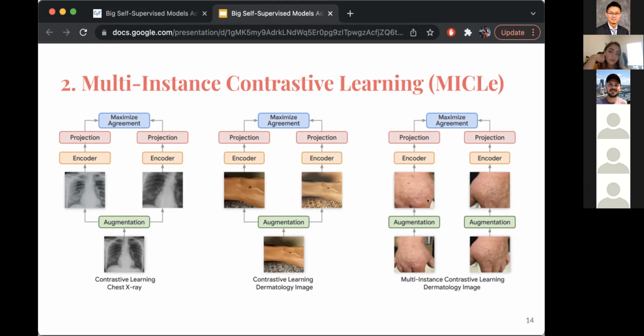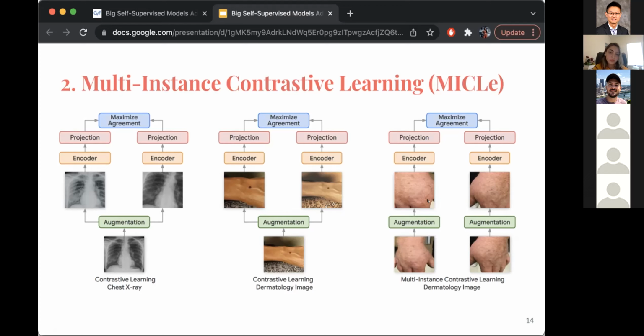And in this case you don't need to do augmentation, because you already have an augmented version with similar patterns; it's the same condition of the patient. So they can use this as a positive pair to maximize the agreement. But I agree, this may not be applicable to other data sets.